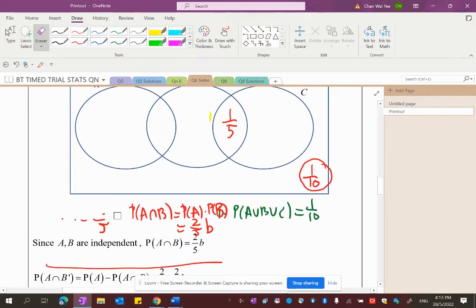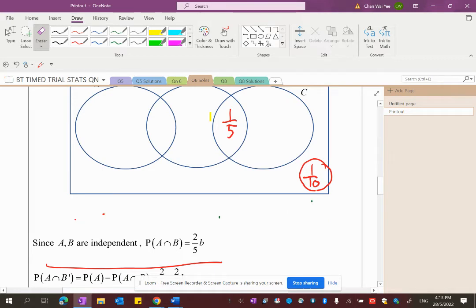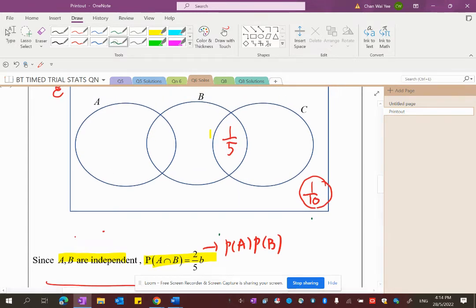Maybe let me erase all this first so that it's clearer. Given that A and B are independent, P(A intersect B) is P(A) multiplied by P(B), which is 2/5 P(B). So this is my answer.